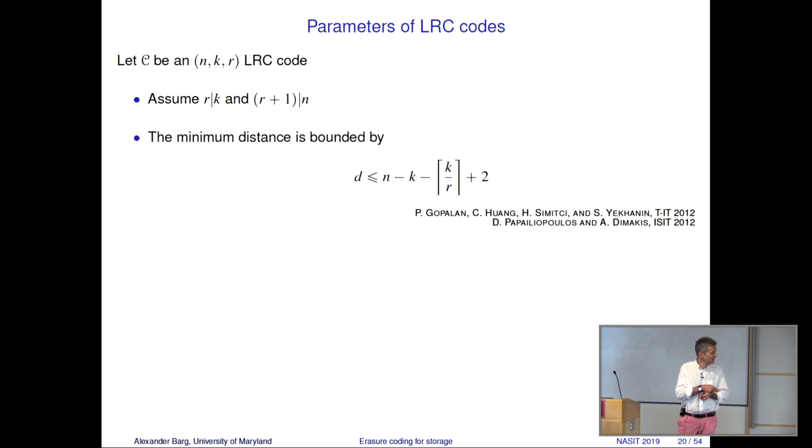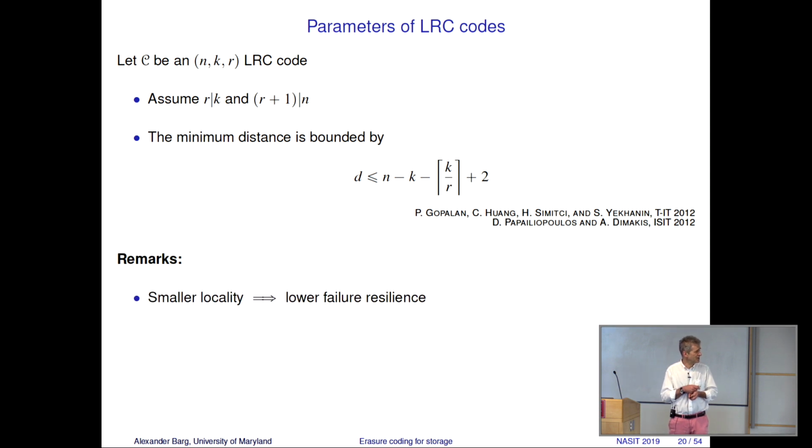All right, so the minimum distance, this is the famous Gopalan et al. bound, sometimes called the singleton-like bound, because if we take r equal to k, we get n minus k minus 1 plus 2, so n minus k plus 1, and that is exactly the singleton bound. So this singleton-type bound for linear codes in the first paper, in the general case in the second paper, is a natural upper bound on the distance of LRC codes.